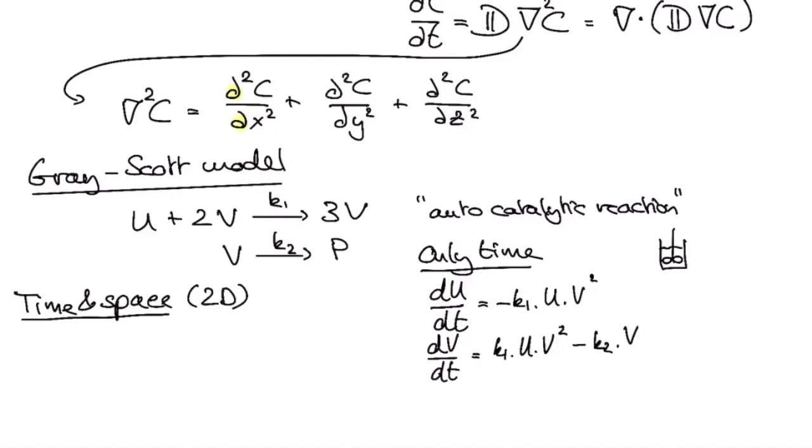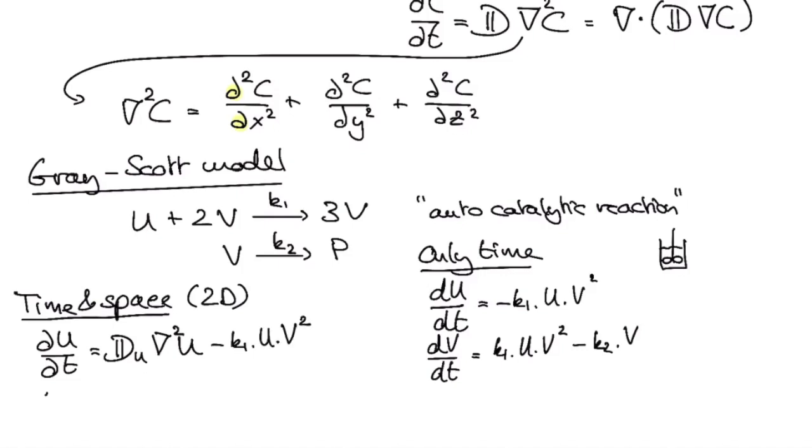We would have the same chemical rate equations, but now we have the diffusion terms. So du/dt would be the diffusion coefficient of u times the Laplacian of u, and we would have minus K1 times u times v squared.